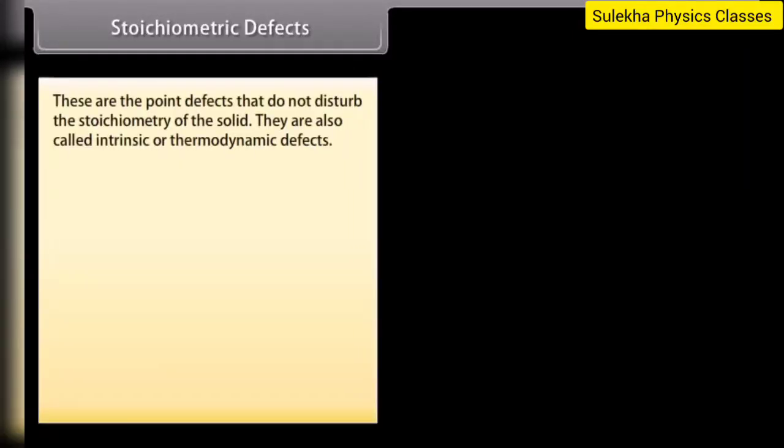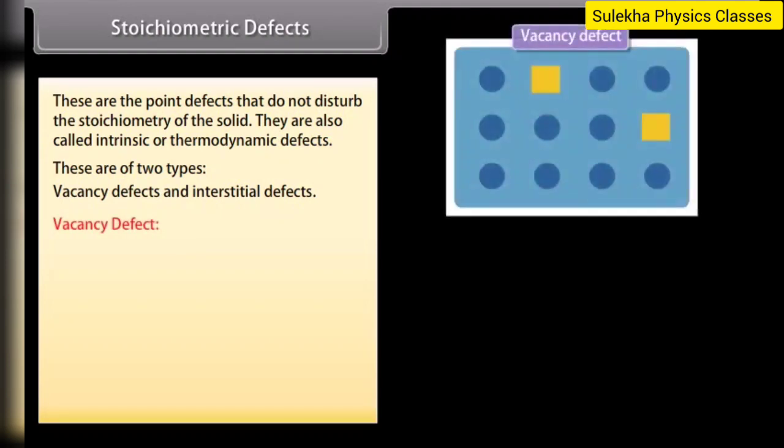The stoichiometric defects. These are the point defects that do not disturb the stoichiometry of the solid. They are also called intrinsic or thermodynamic defects. These are of two types: vacancy defects and interstitial defects. 1. Vacancy defect.